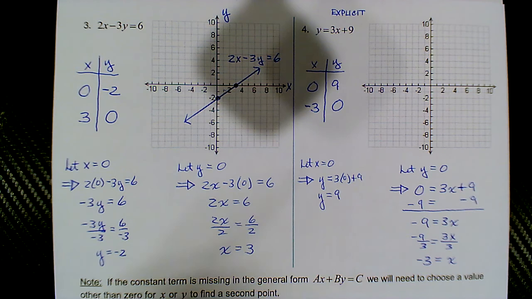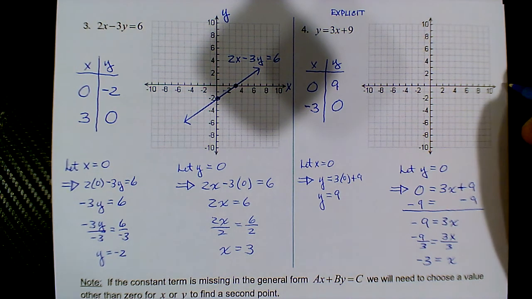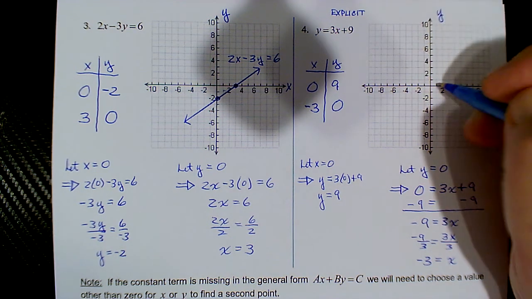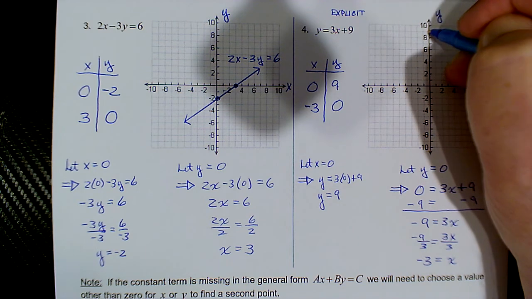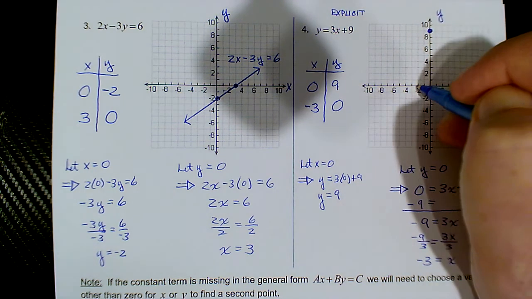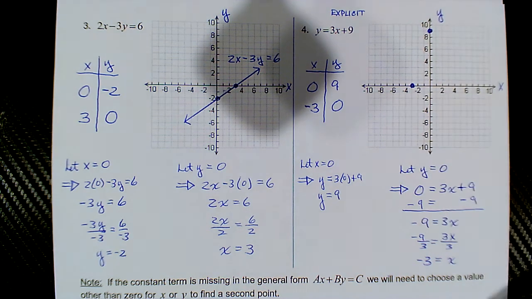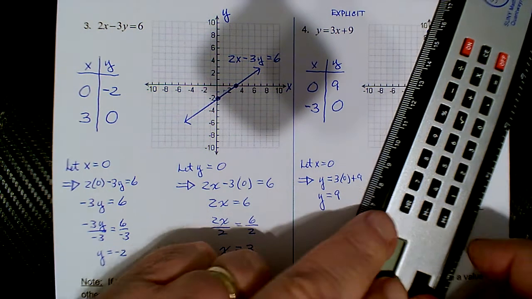And so plotting the points down, let me first label my axes, x and y. 0 in the x, 9 in the y, so I'm way up here. And -3 in the x, 0 in the y, right there. And then once again, those 2 points determine the line.